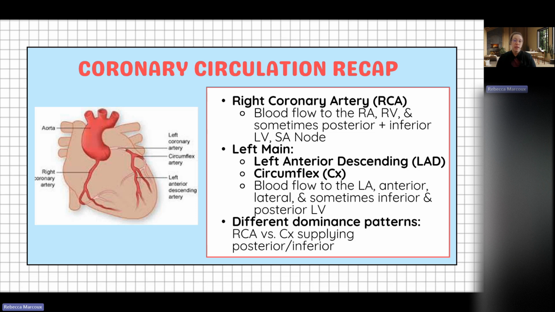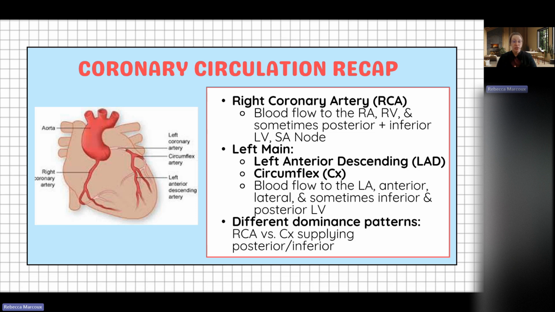Okay. So again, right-sided is the right coronary artery. That's the only artery on the right side of our heart. Mostly it provides to the right atria, right ventricle, and SA node, and then sometimes wraps around to the left side.